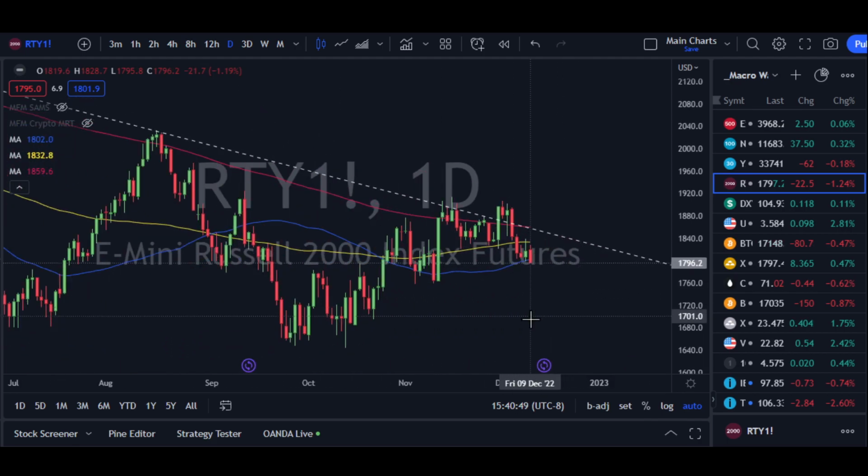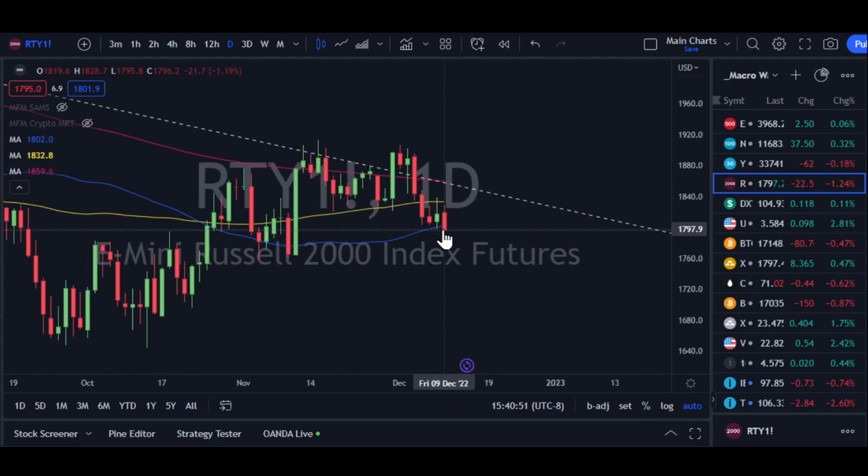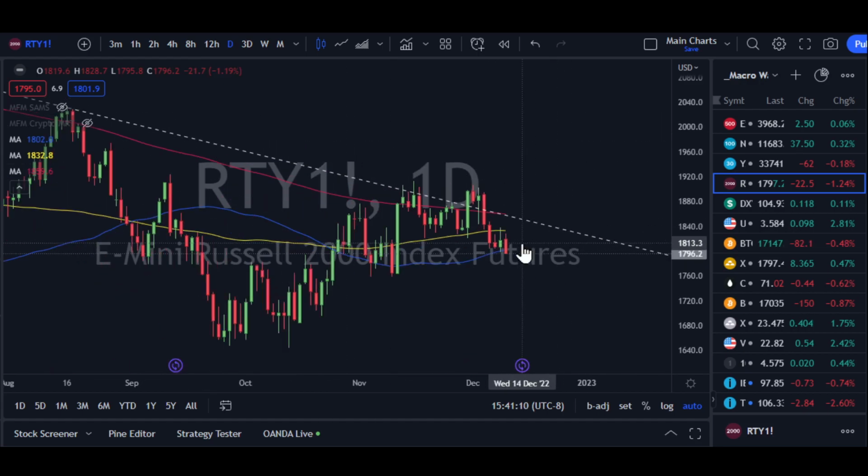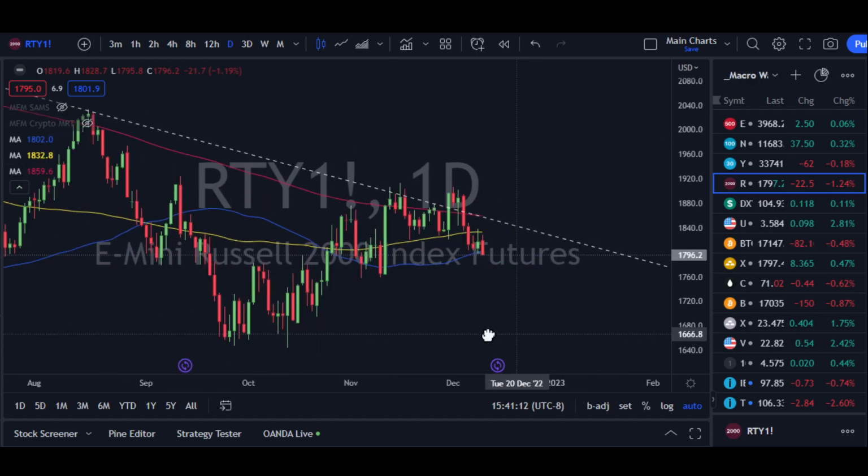And here we have the Russell crossing down below its 50-day moving average. So that's bad news bears, closing below that level after being rejected multiple times after prairie dogging this 200-day moving average and prairie dogging the descending trend line, coming back below. That's a really bearish sign.